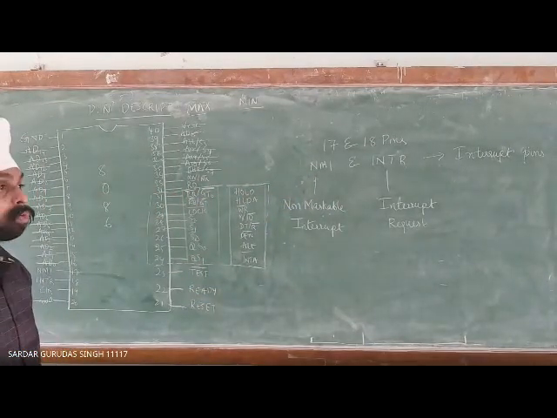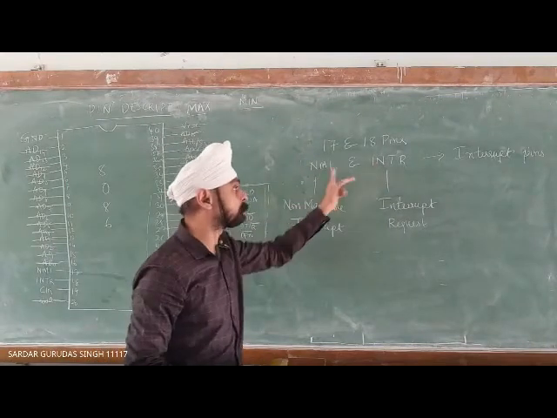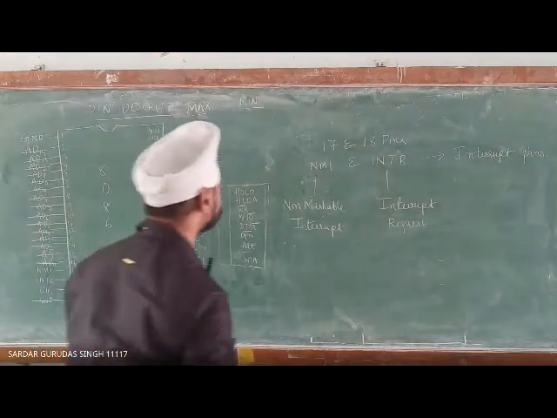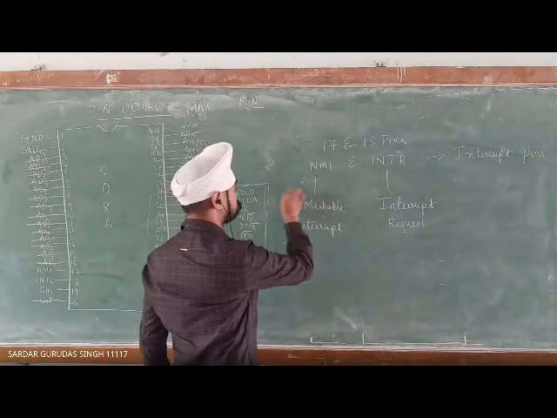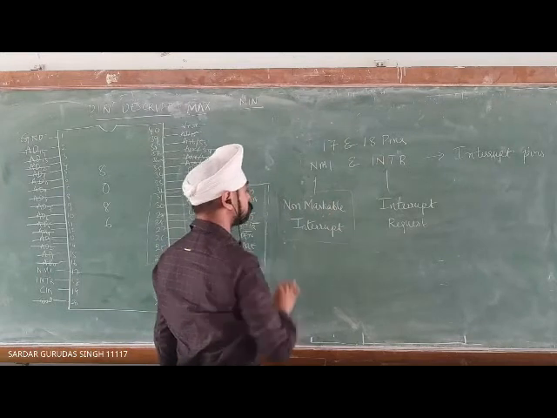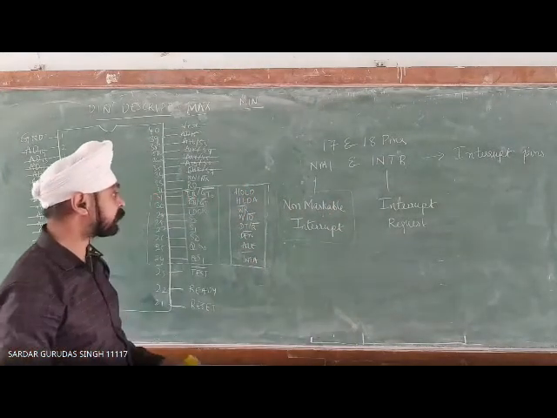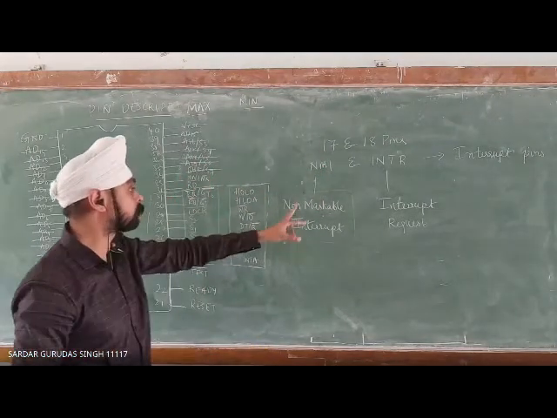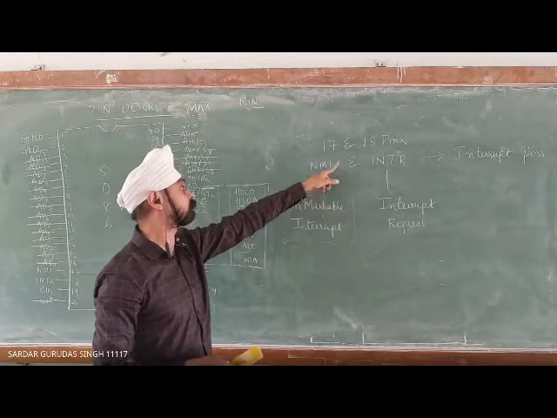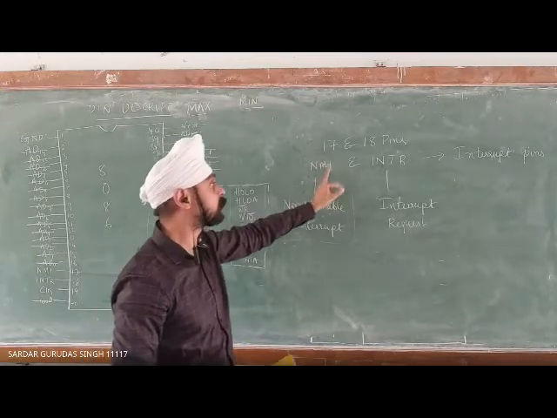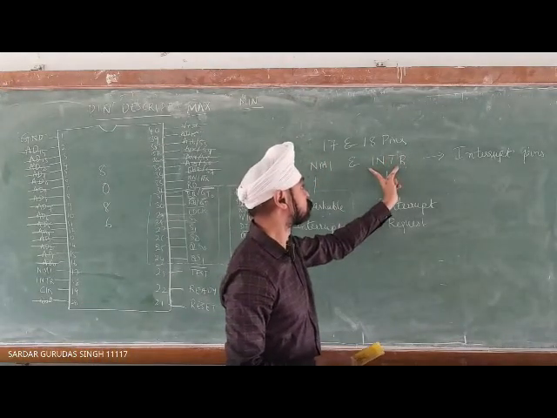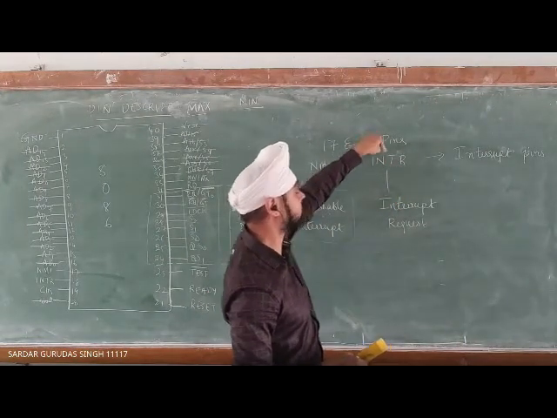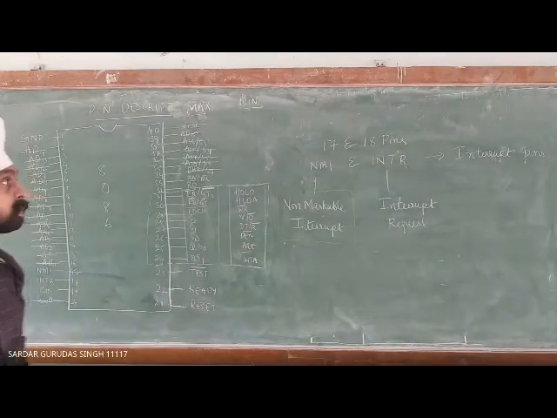One is non-maskable, in the sense you cannot hide, delay or neglect it. Your processor cannot neglect, mask or hide the request that comes on the NMI pin, whereas the processor can overlook the request that comes on the INTR pin. That is the only difference between these two pins.